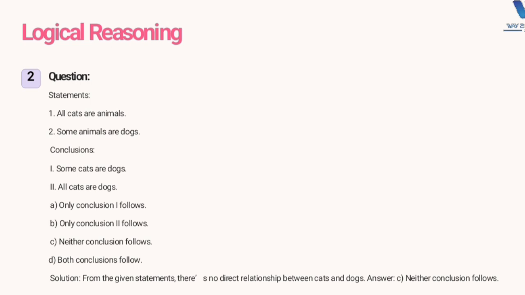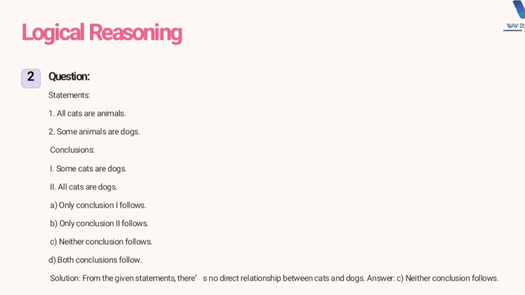They are only conclusions, not options. Conclusions: some cats are dogs and all cats are dogs. So these are the two conclusions he has given, and four options: only conclusion one follows, only conclusion two follows, neither follows, both follow.